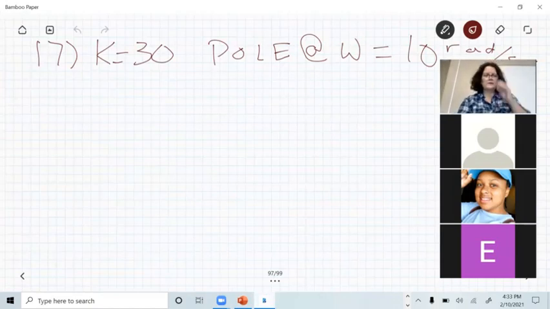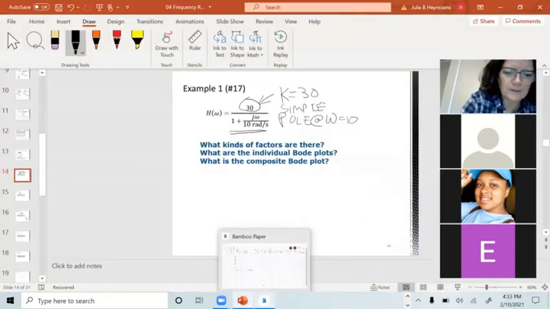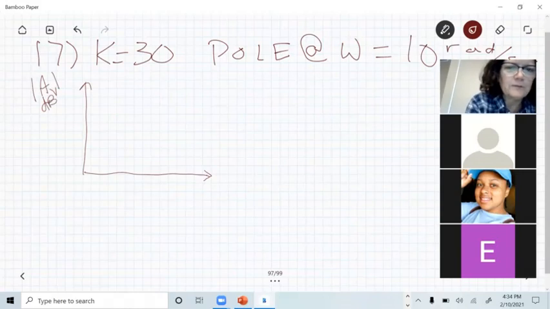K equals 30. We're going to draw the magnitude plot of that and label these. I give you graph paper on the exam, but I don't label them for you. So this is A_V. Magnitude of A_V, the units are decibels.